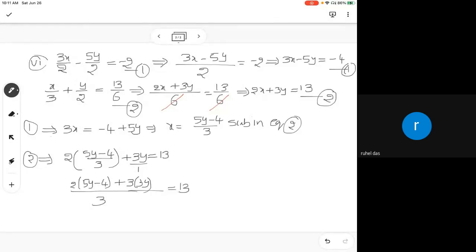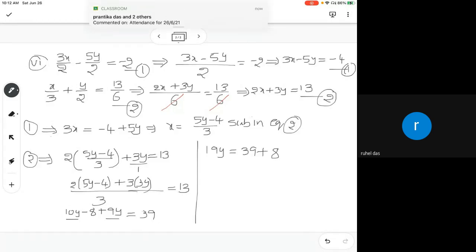So 2 into 5y is 10y minus 8, plus 9y is equal to 13 into 3, 39. Now 10y plus 9y, add, 19y is equal to 39, plus 8.